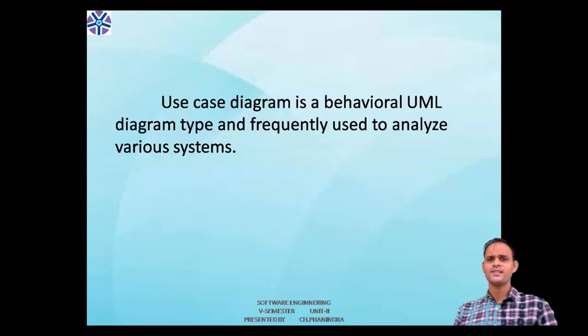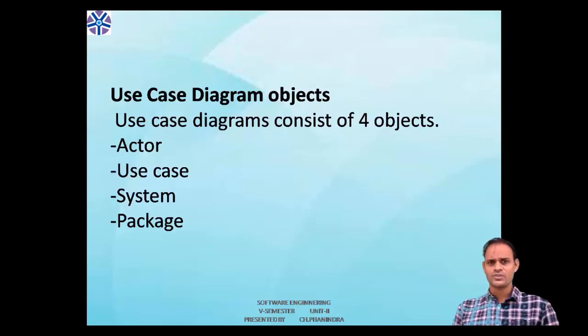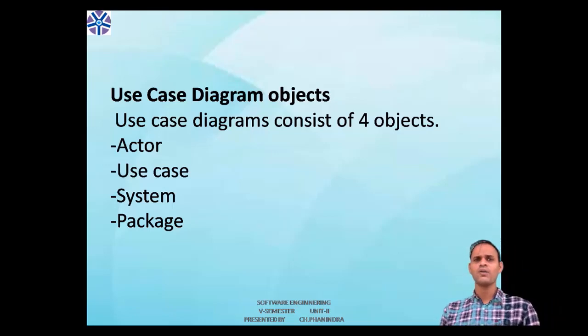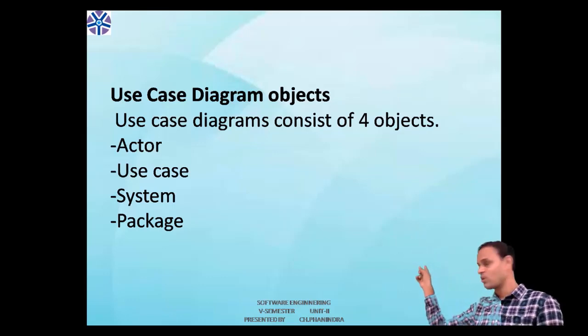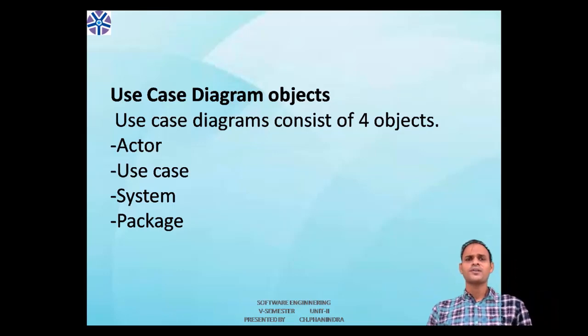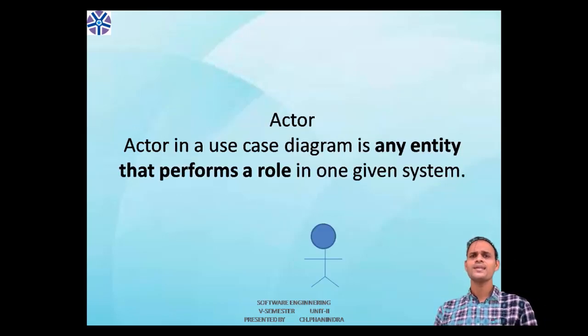A use case diagram consists of four types of objects: actor, use case, system, and package. So what is an actor? An actor in a use case diagram is an entity that performs a role in the given system.